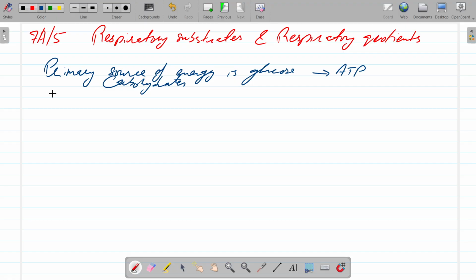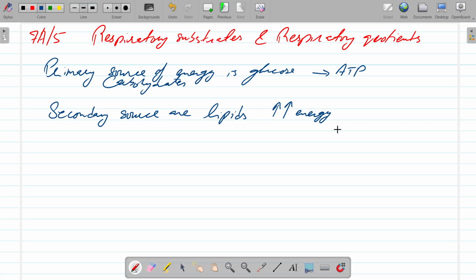But what if glucose is not available? The secondary source are lipids. And even though they're the secondary source, they actually release far more energy as compared to glucose.